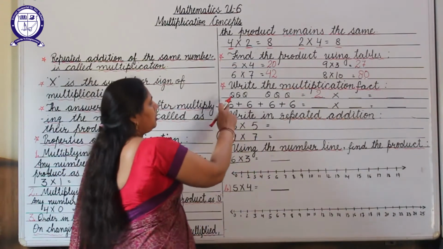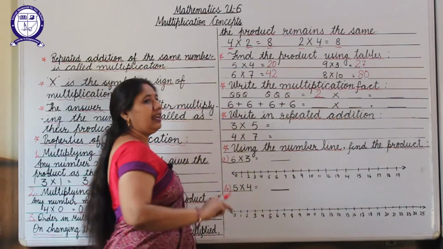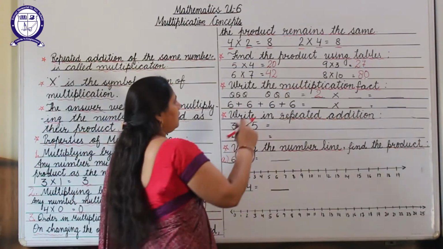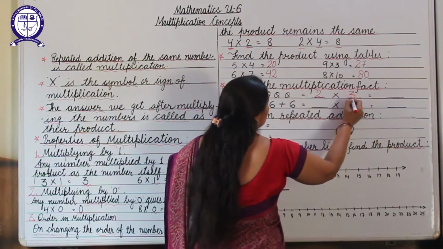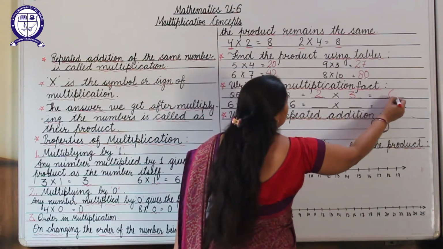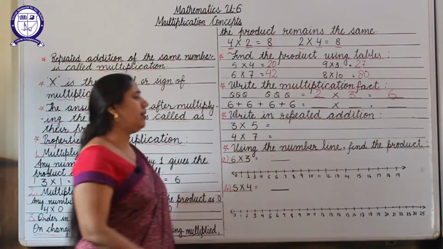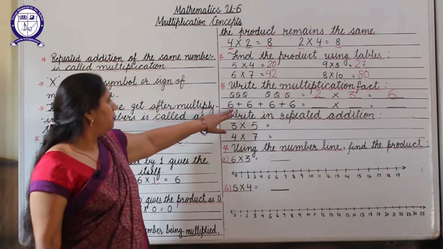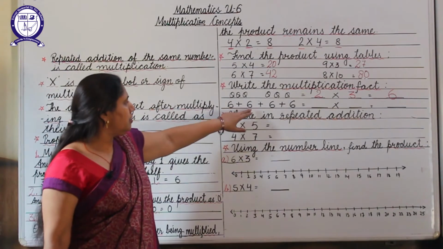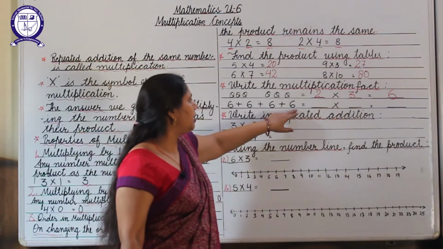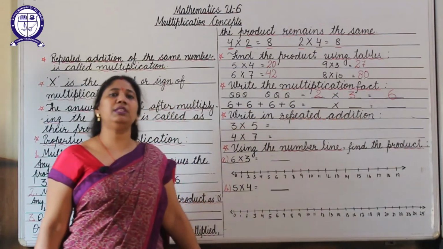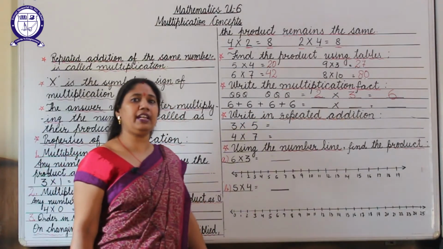There are 3 balls in each group. The number should be the same. So 2 3s are 6. That is our multiplication fact. 6 plus 6 plus 6 plus 6. These numbers should be the same, and this is called repeated addition.